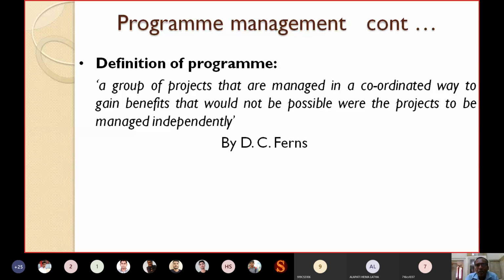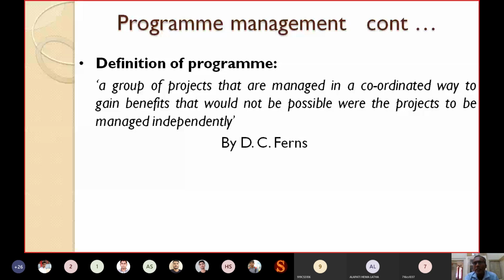Why? To gain more benefits. Otherwise, that won't be possible where the projects are managed independently. If you manage the projects individually, then this much benefit you may not get, because, as I have already told you, some of the projects will be risky. You will get less.